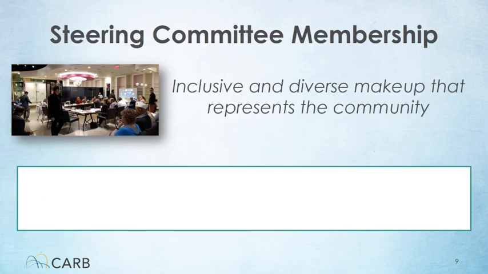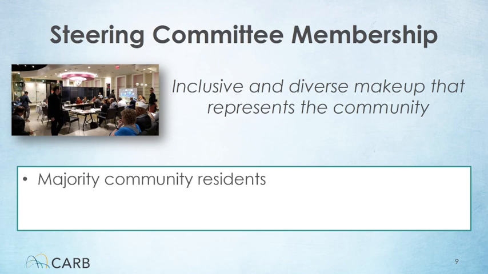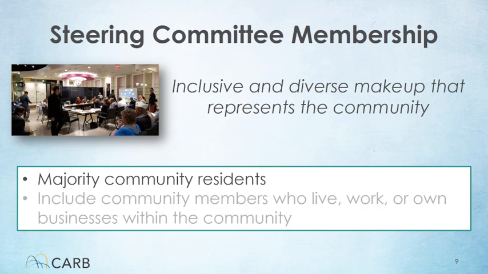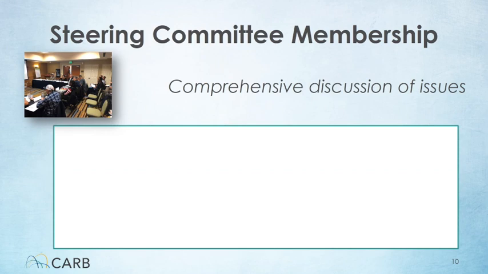Now that we've talked about the role of the steering committee, let's talk about who should be on it. The steering committee should have an inclusive and diverse membership that represents the community. To ensure that the committee focuses on the needs of residents, a majority of the committee members must live in the community. It should also include community members who work or own businesses within the community. Improving community air quality requires coordination from a variety of groups.